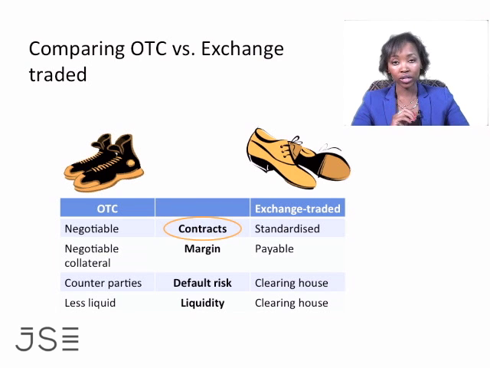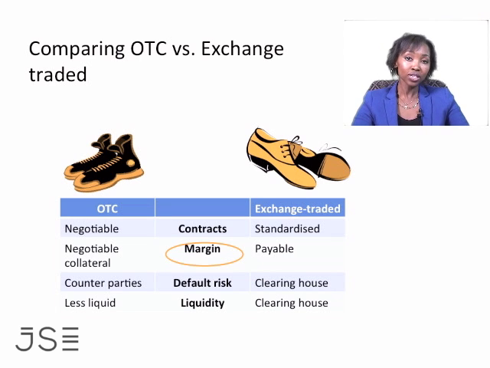And then it's also standardized on the exchange in terms of the dates which you could trade, because each contract has delivery dates according to a quarter, whereas on the OTC market you can trade to any date that you need. And then if you look at margin, a margin is payable upfront by buyers and sellers on the exchange, whereas on the OTC market that margin is negotiable.